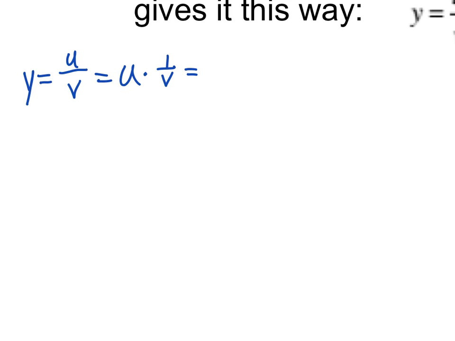Now if I think of this problem this way, where the function y is u divided by v, I could rewrite that as u times 1 over v. Which in turn I could rewrite as u times v to the negative 1. Okay? Everyone with me so far?